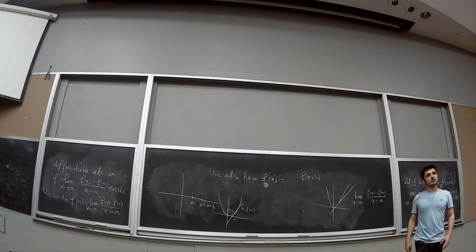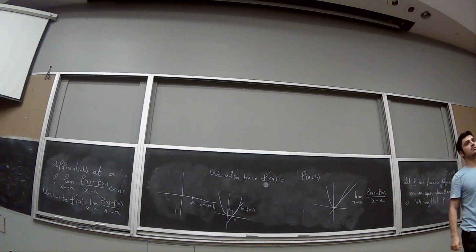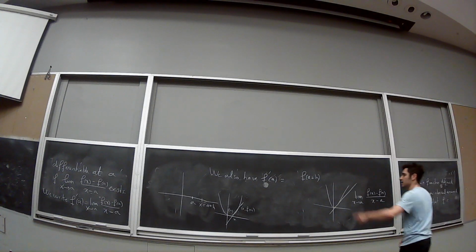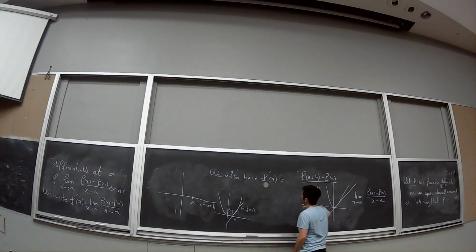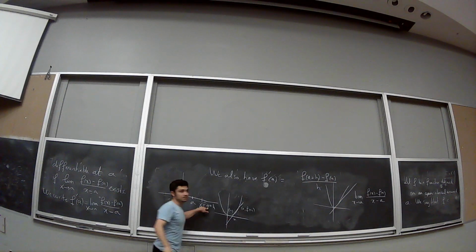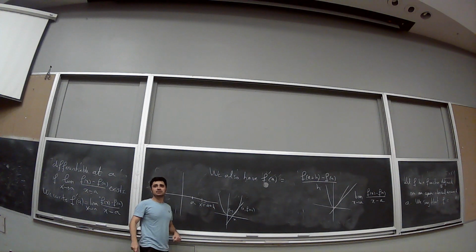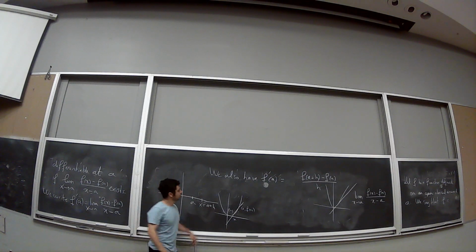If x is equal to A plus h, what does x minus A become? h, right? And the numerator is f of A plus h minus f of A, over h. Now if x is going to A, where is h going? If x is going to A, then h is going to 0. You guys see this?